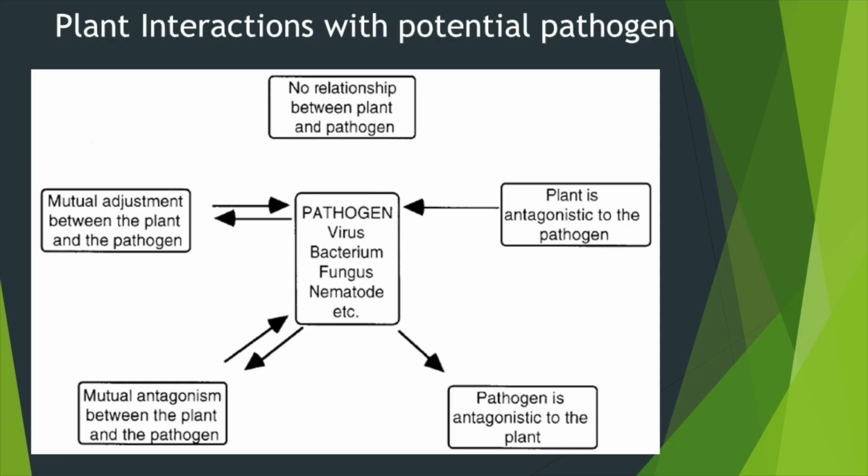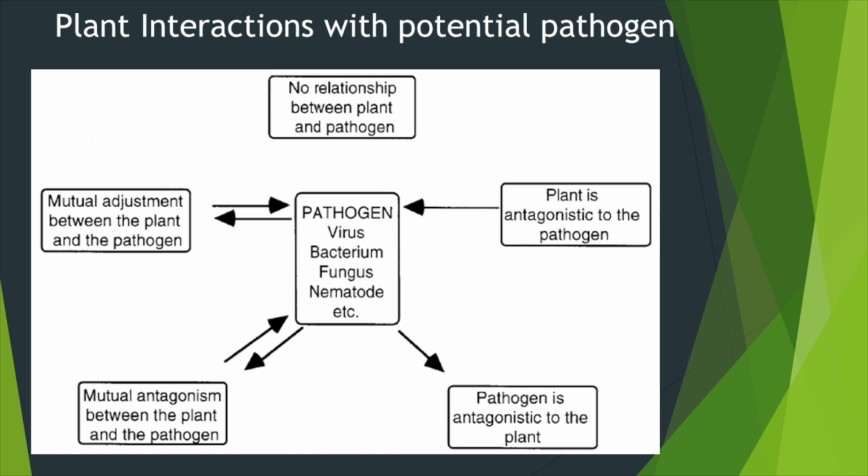Abiotic means stress, for example a high content of salts in the soil, less water, high intensity light, or an increase in temperature. So these are all abiotic stress. Today we will focus only on biotic factors that cause disease.